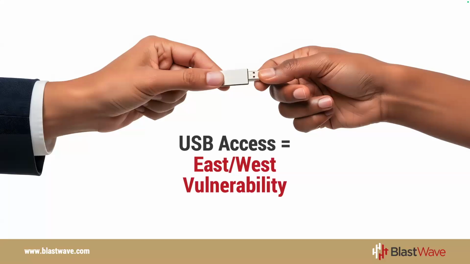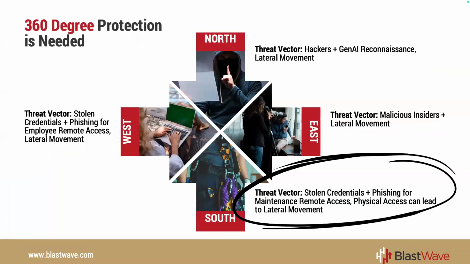So I mentioned the four different vectors that we talked about in the series. We talked about north for reconnaissance and what we do with network cloaking. We talked about employee remote access, basically attacks from the west side of the house. We talked about segmentation and lateral movement and threat vectors from the inside, where people are trying to move east-west that they're not supposed to.